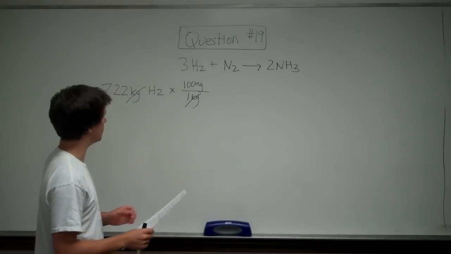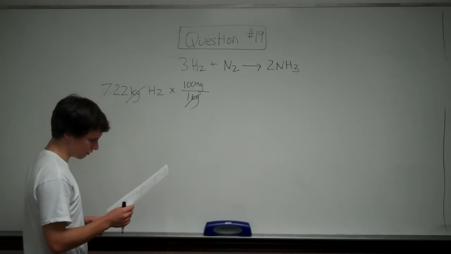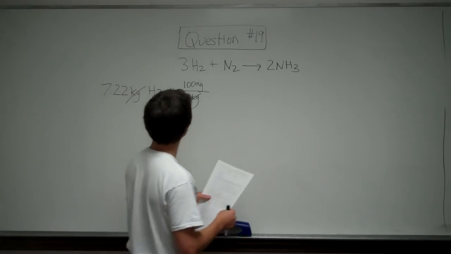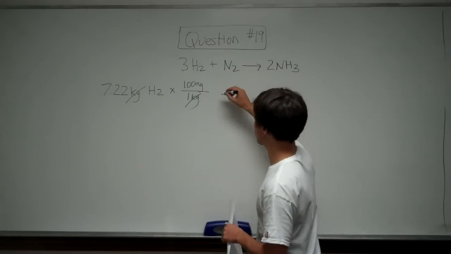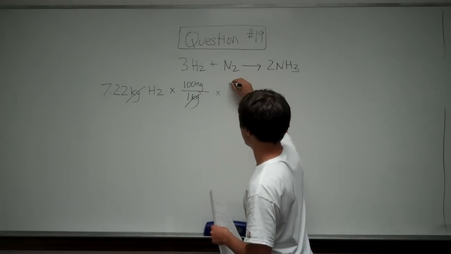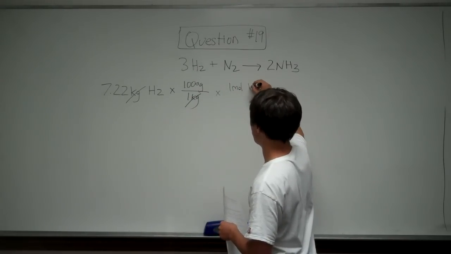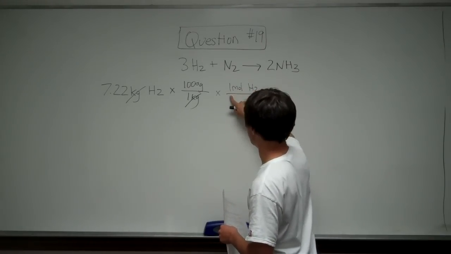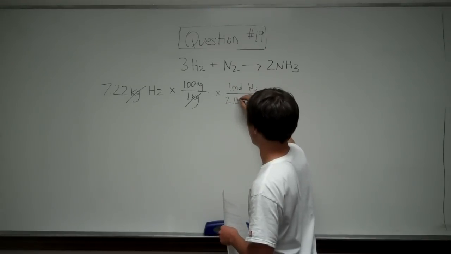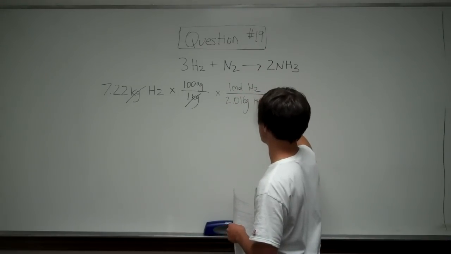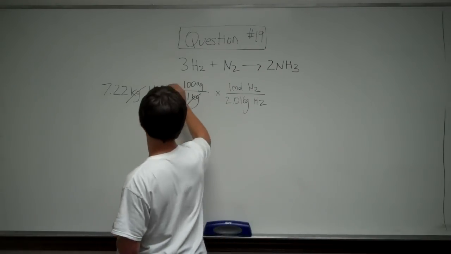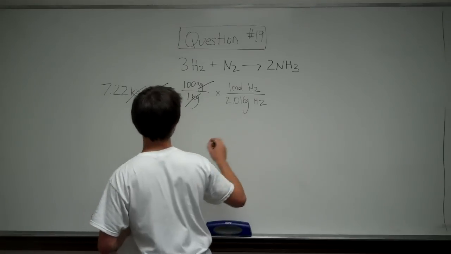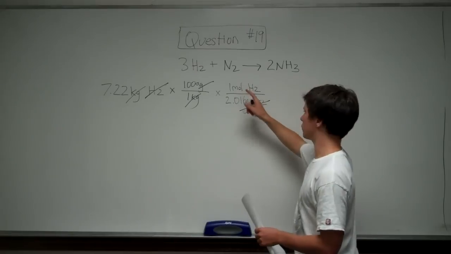And now I'm going to convert this to moles. So 1 mole of hydrogen for every 2.016 grams of hydrogen, the molar mass. So the grams of hydrogen cancel out, and you're left with moles of hydrogen.